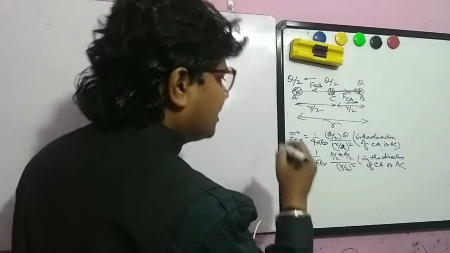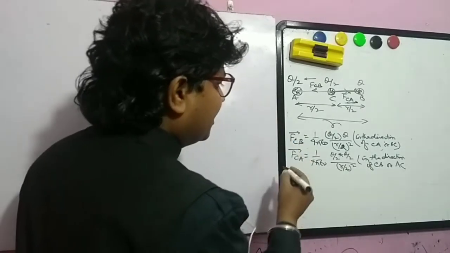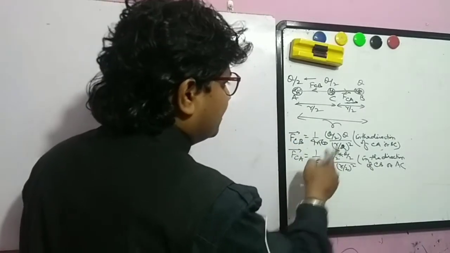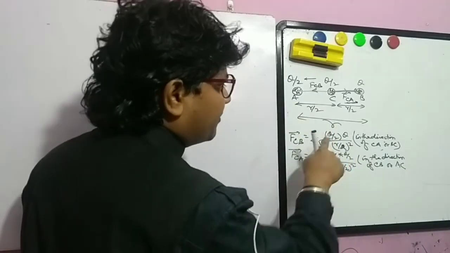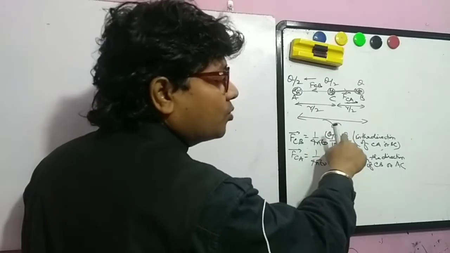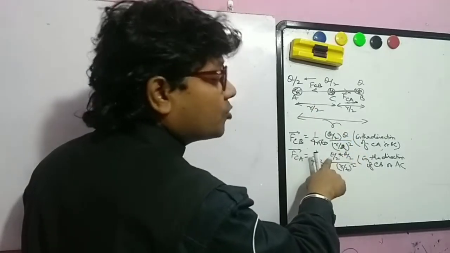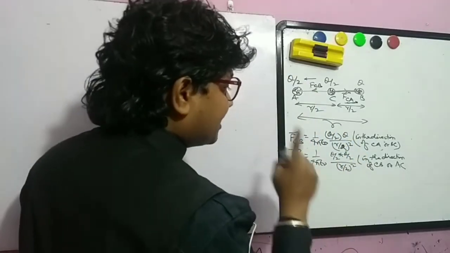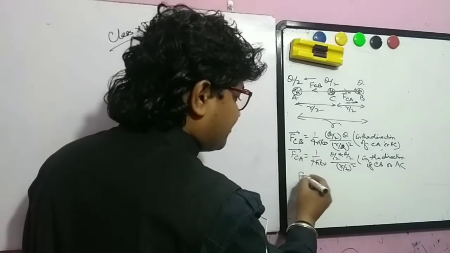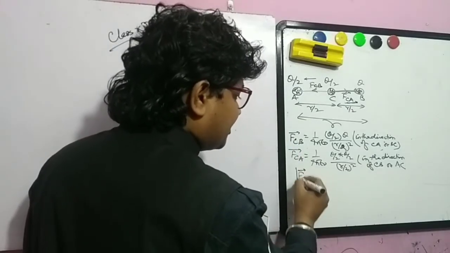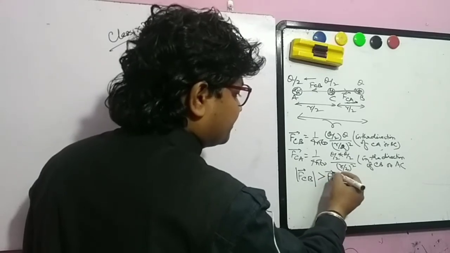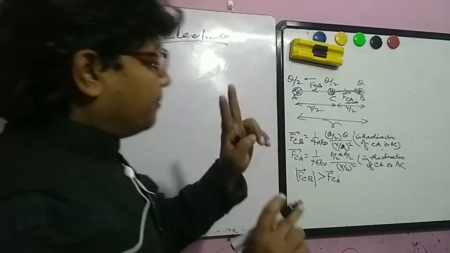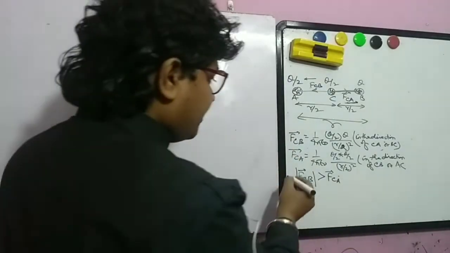Keep in mind that for FCB, this is q square, 1 by 4 pi epsilon, r by 2 every is same. Here it is q by 2, q square by 2, and this is q square by 4. So directly we can say that the magnitude of FCB is greater than FCA. This is one important point.